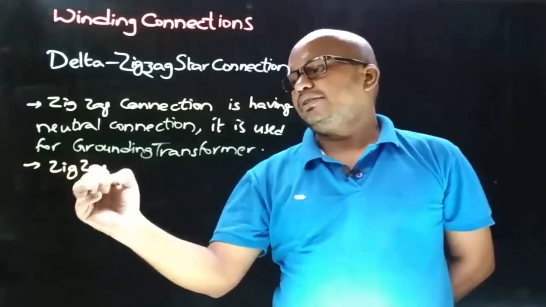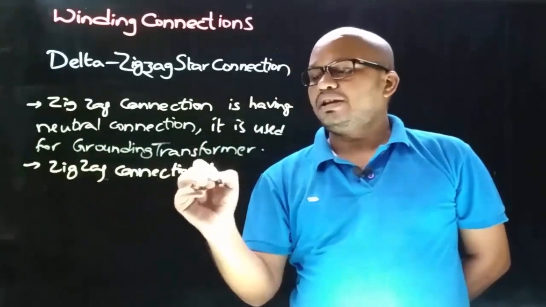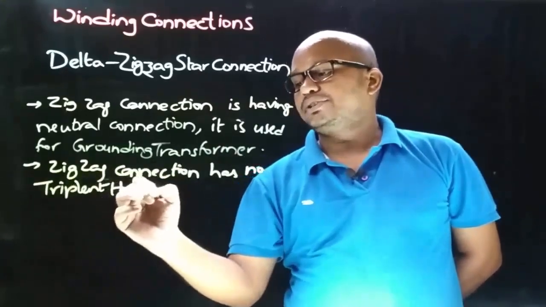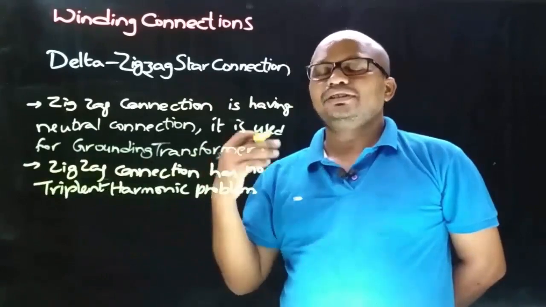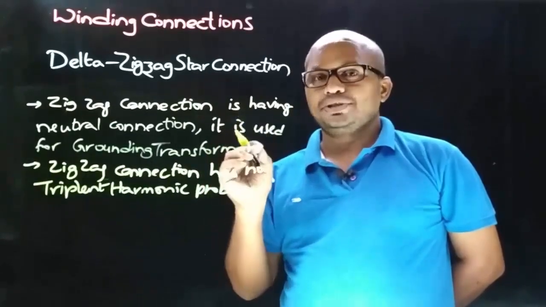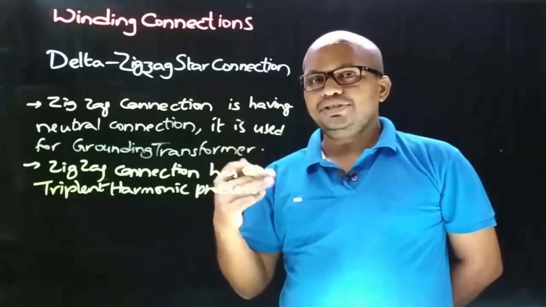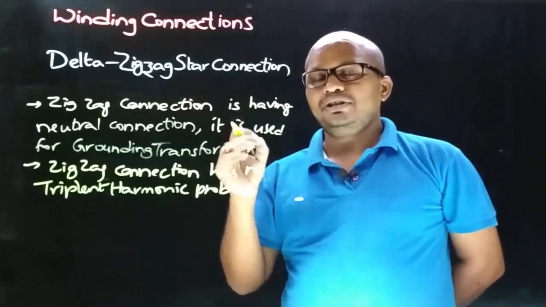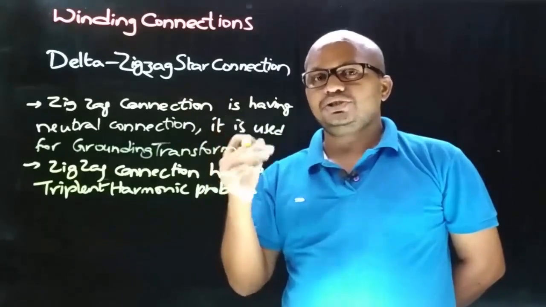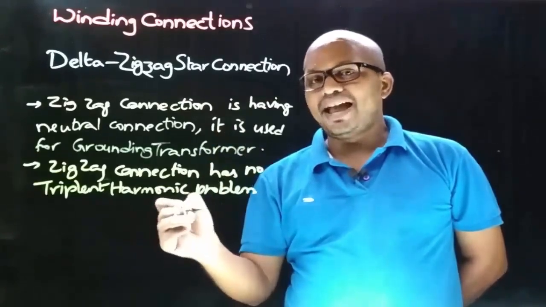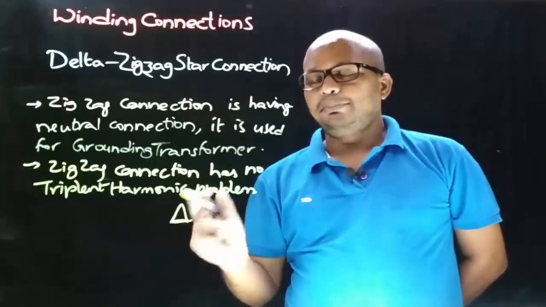And zigzag connection has no triplen harmonics problem. It is known that whether it is star or delta connection, in phases there will be triplen harmonics, and to eliminate those we need to provide a path. In star connection, that path is provided by connecting the neutral to the ground, whereas in delta connection, the closed loop itself acts as a path for the triplen harmonics.